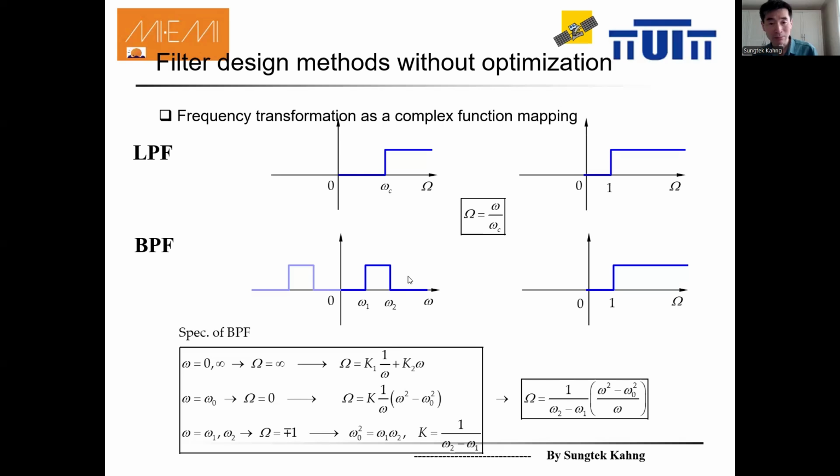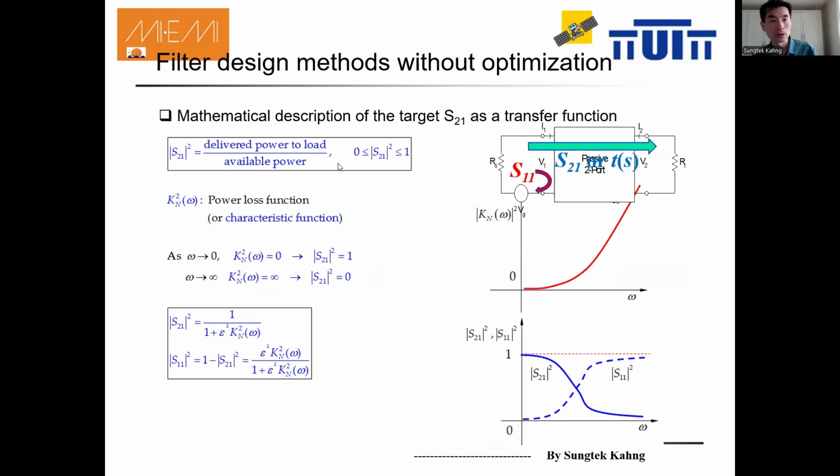Yeah, this is a bandpass filter, and this will become a bandpass filter, and S21 is the transmission coefficient. But this is the insertion method that directly takes it to the transfer function.